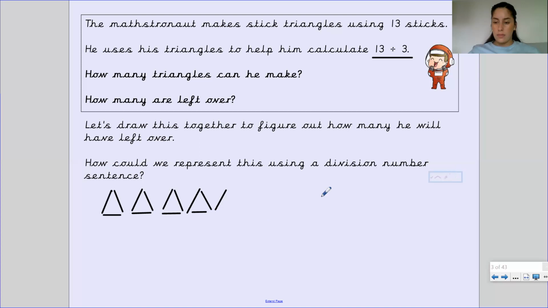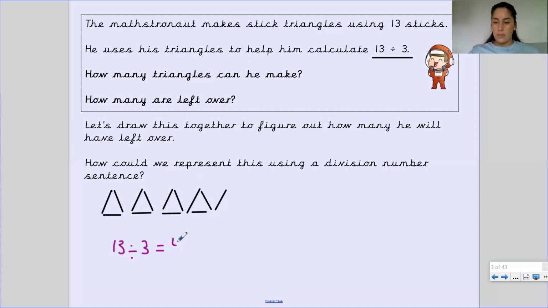Okay, so we have completed 13 divided by 3 by sharing the number 13 into groups of 3, because each triangle has got 3 sides. So 13 divided by 3 equals, let's see how many groups we were able to make. 1 full group of 3, 2 groups of 3, 3 groups of 3, and 4 groups of 3.